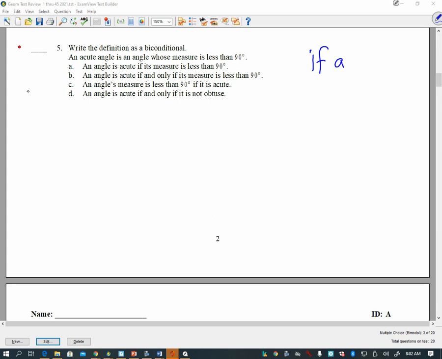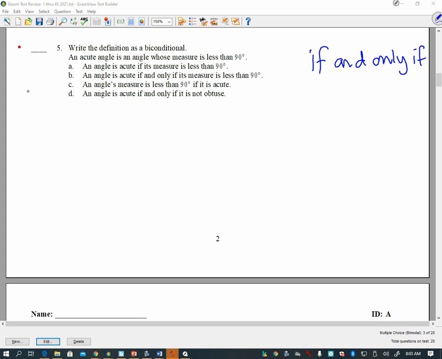If and only if. Now, where in the statement does that show up? Does it show up at the beginning? Does it show up at the end? Where does it show up? In the very middle. So if I'm looking at a question like this: an acute angle is an angle whose measure is less than 90 degrees.